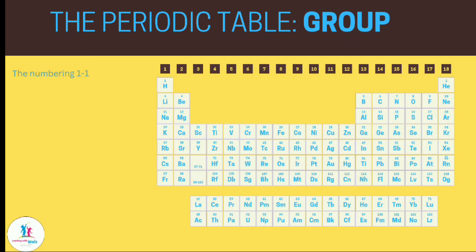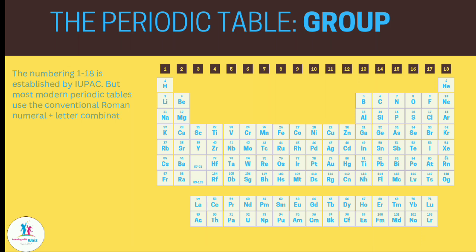The numbering 1 to 18 is established by IUPAC, but most modern periodic tables use the conventional Roman numeral plus lettered combination. Example given below.